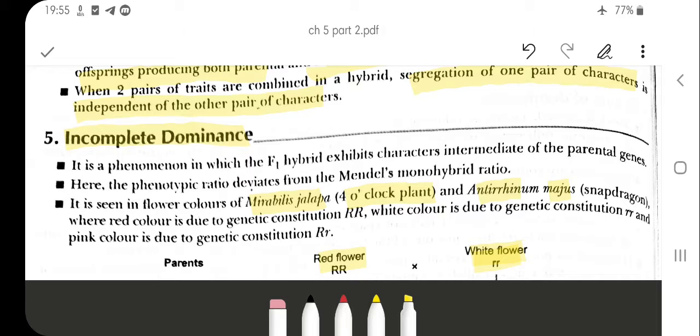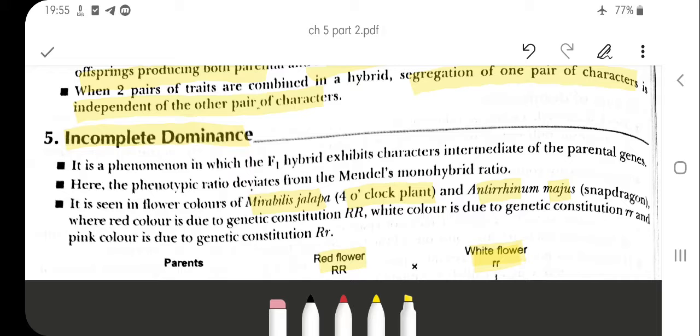So what is incomplete dominance? Incomplete dominance is when neither of the two alleles of the gene, that is red and white, is completely dominant over the other. Or you can say when the two alleles of a gene partially express themselves. Both the genes are partially or incompletely expressing themselves in the F1 generation.